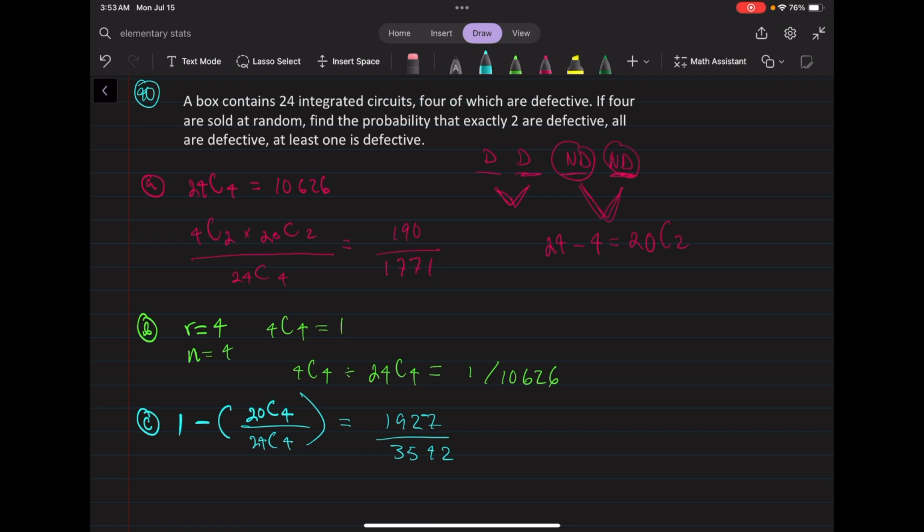So again, one more time, when you hear at least, you're always going to have your favorable and then your total, but your favorable is always going to be what is not. It's the opposite of what it's asking for. So here it asks at least one is defective, but which ones are not defective, and you're going to be subtracting from 1.